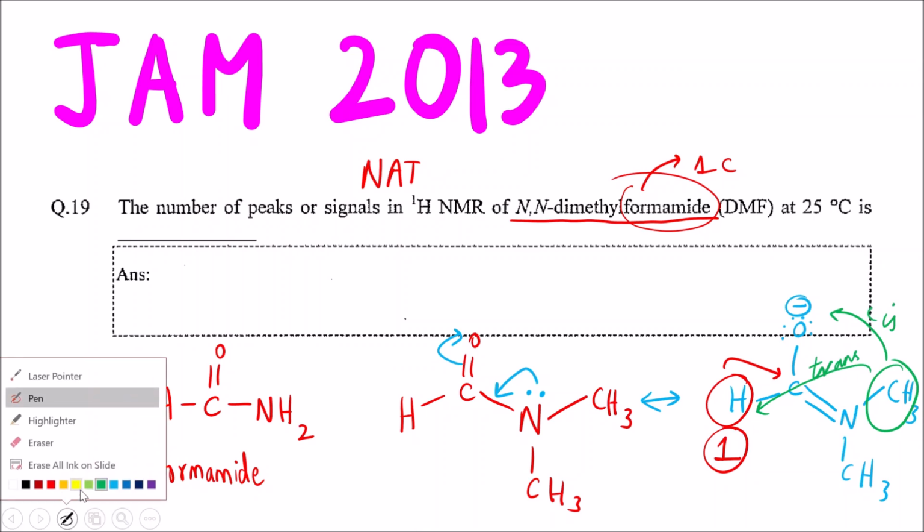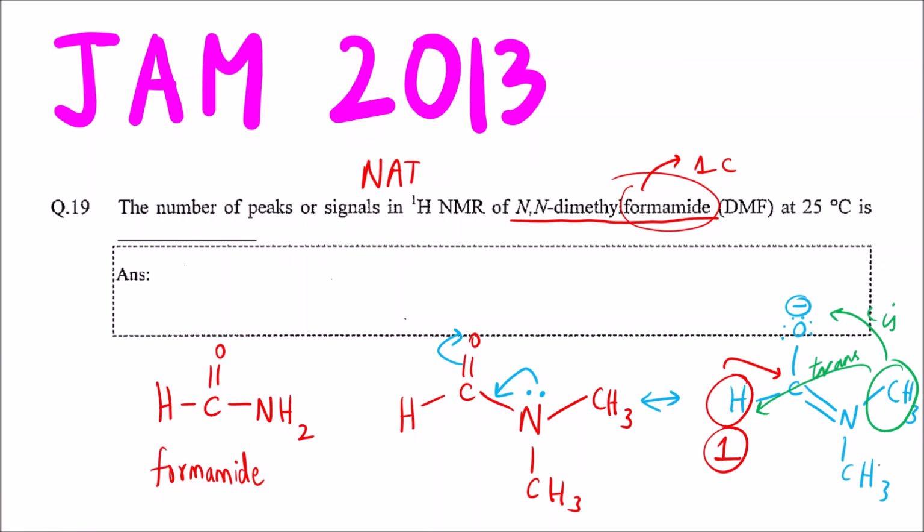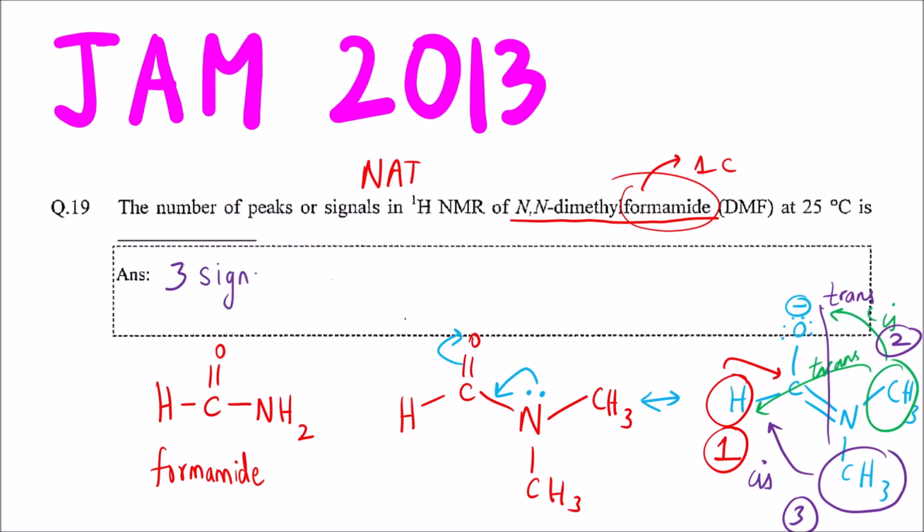And the other methyl group is cis to the hydrogen and trans to the oxygen. So both these methyl groups are present in different chemical environments, and both will give different signals, 2 and 3. So the correct answer would be 3 signals. I hope you have understood both the questions, the one on chemical shift and this one, N,N-dimethylformamide. Thank you.